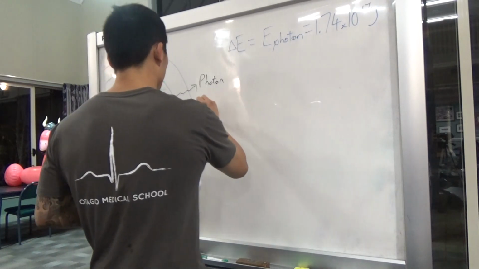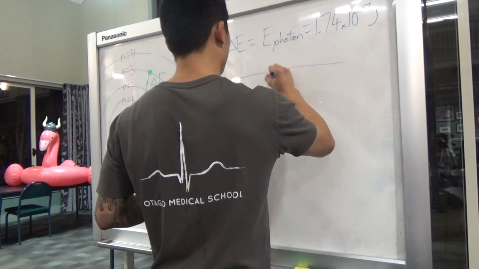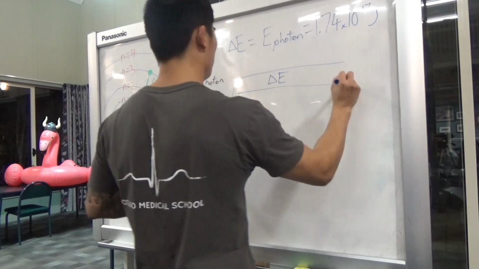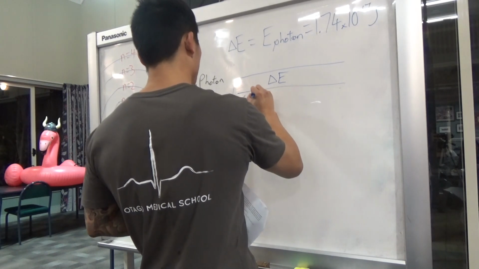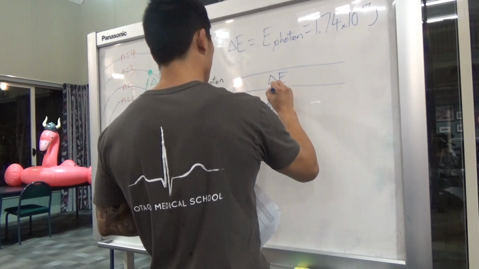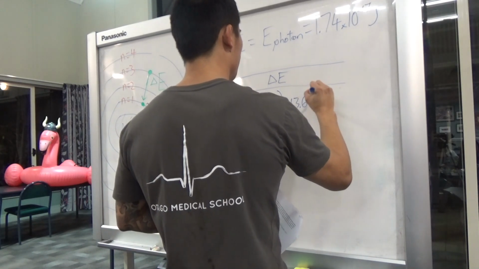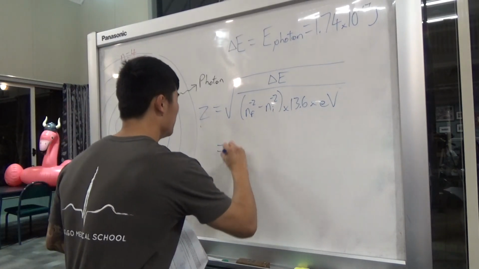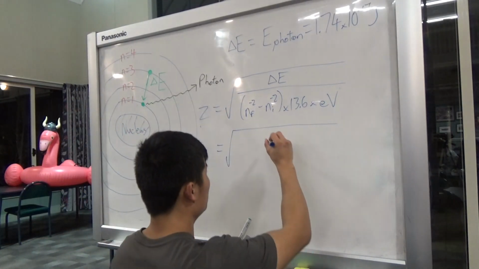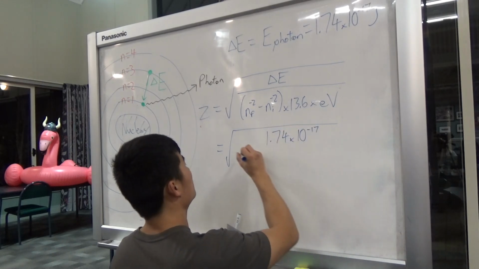Okay, so Z is equal to the square root of delta E over (NF to the negative 2 minus Ni to the negative 2) times 13.6 times the electron volt. So our change in energy is 1.74 times 10 to the negative 17.